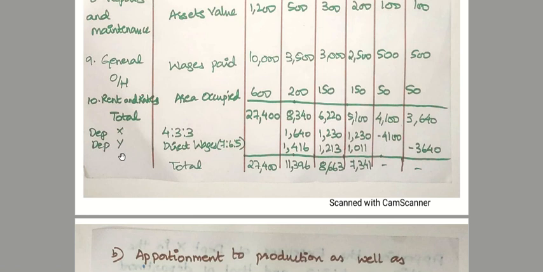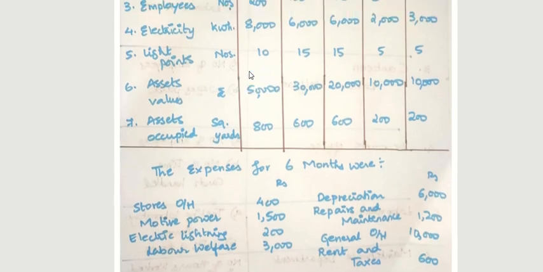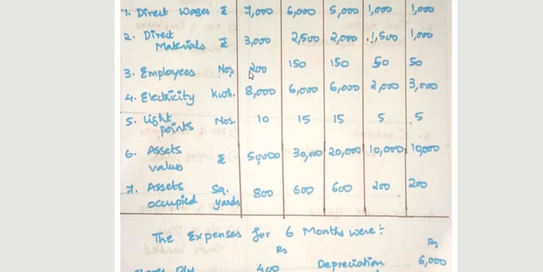And your department Y, which is your service department Y, its expenses will be apportioned to the production department on the basis of direct wages. So what is your direct wages ratio? 7:6:5. Only the production department ratio you can take.